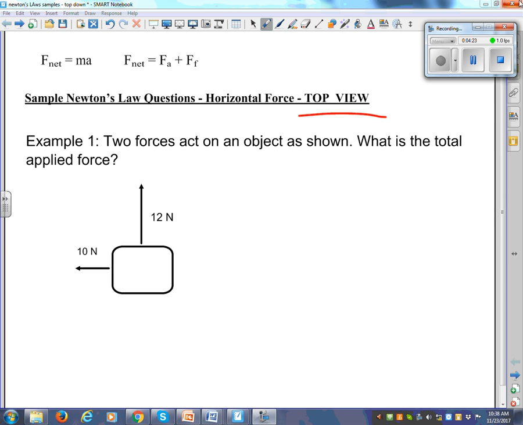You got to put them tip to tail, right? So you got to do this, right? And so your diagram is going to be 12 and then 10 like this.